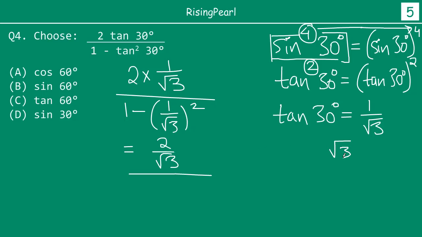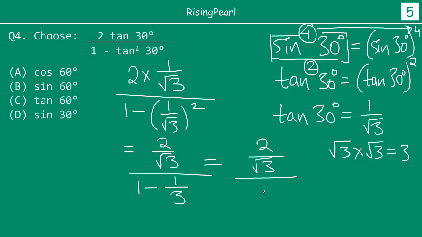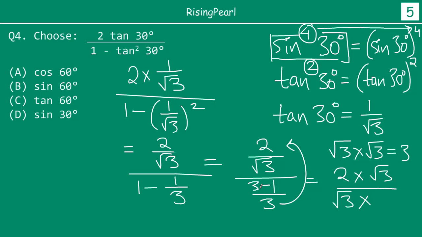So the denominator will be 1 minus 1 by 3. If you solve this, we will have 2 by square root 3 divided by 3 minus 1 over 3, and 3 minus 1 is 2.